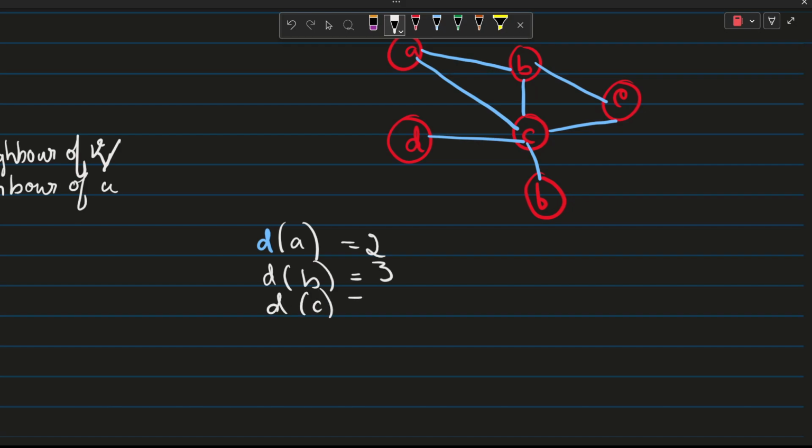Degree of C is 5. Degree of E is 2. Degree of D is 1.